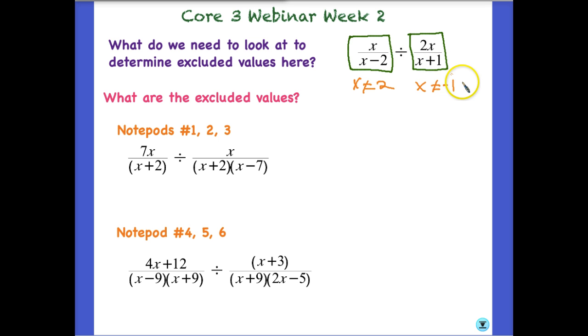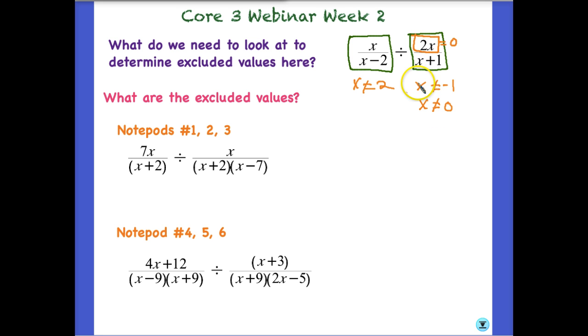Otherwise, we still have division by 0. So because of that, we also then have to examine our numerator. So what would make 2x equal 0? Well, if we divide by 2, we would say that x cannot equal 0. 0 divided by 2 is still 0. So we have 3 excluded values here, which is a lot.